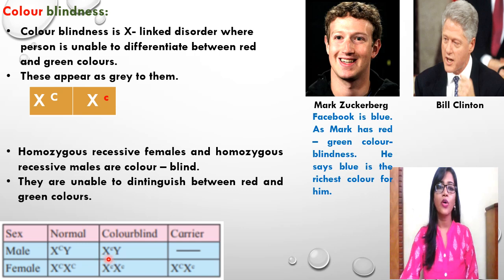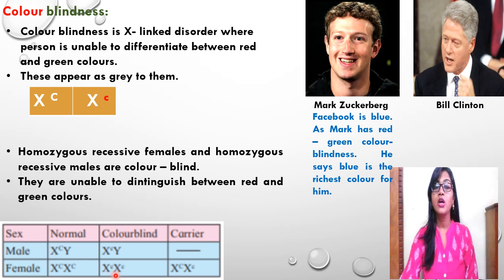The X of the colorblind male carries the recessive gene, that is, small c is present. In the case of females, if both X chromosomes carry capital C, the female is normal, and the dominant gene is getting expressed. If that female is color blind, then in both X chromosomes, the non-homologous part of the X chromosome will carry small c and small c.